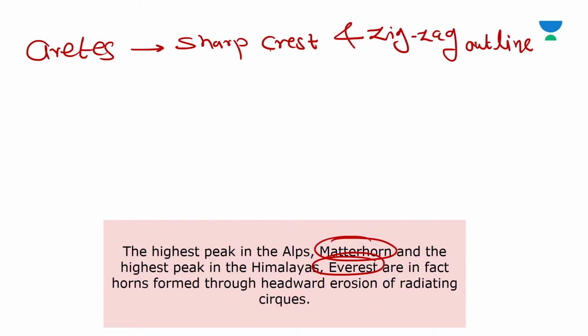Then we have discussed the highest peak in the Alps, Matterhorn, and the highest peak in the Himalayas, Everest, which are in fact horns that form through headward erosion of radiating cirques.